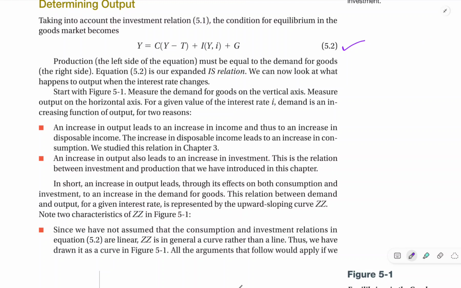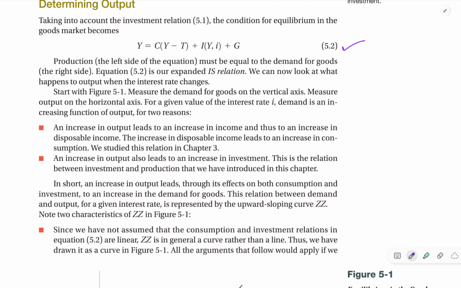For a given value of the interest rate i, demand is an increasing function of output for two reasons. An increase in output leads to an increase in income and thus to an increase in disposable income.